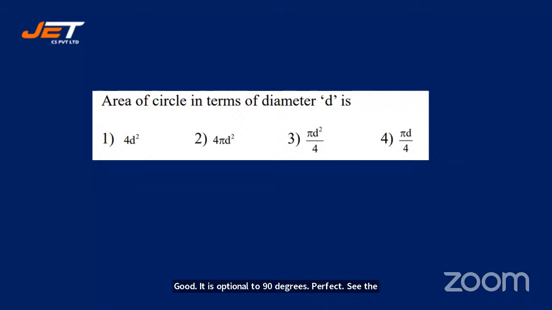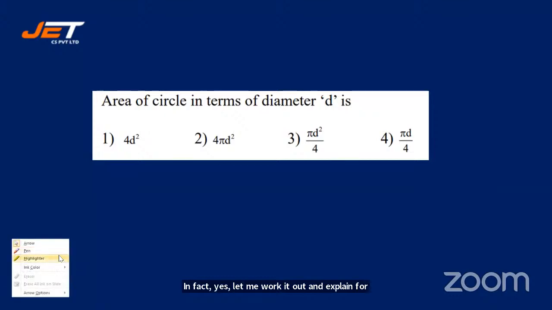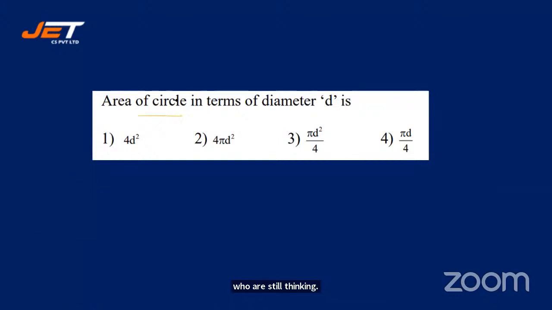Area of a circle in terms of diameter D is dash. Yes, in terms of diameter. Very simple, in fact. Let me work it out and explain for those who are still thinking. See, what is the area of a circle?